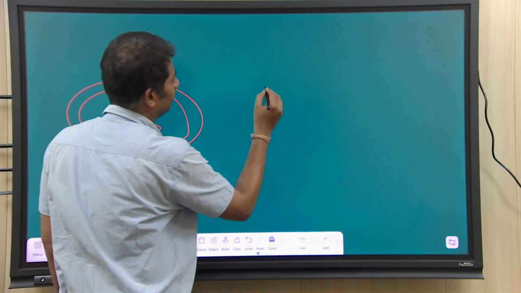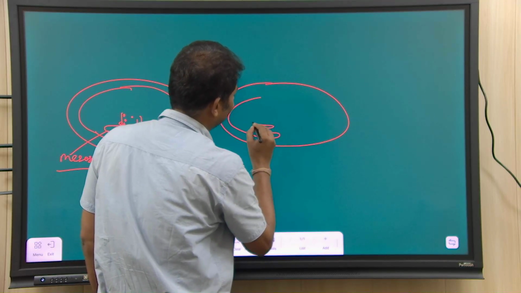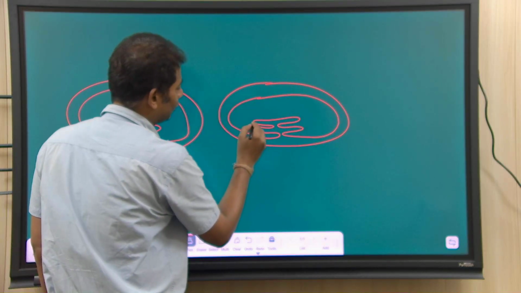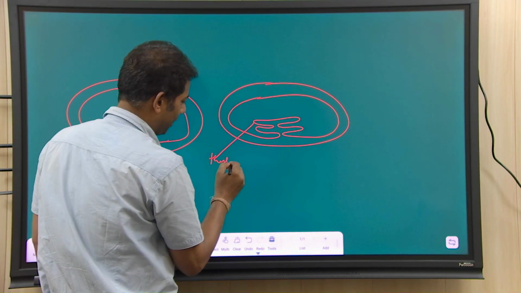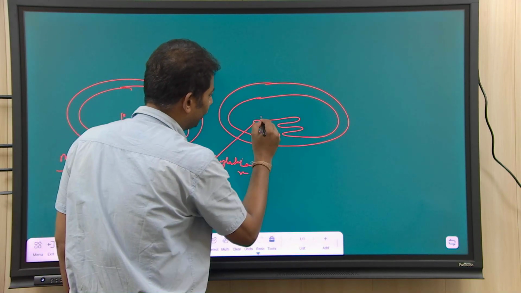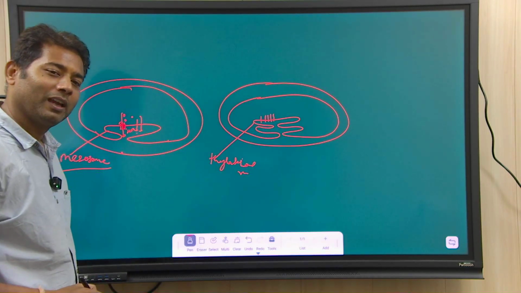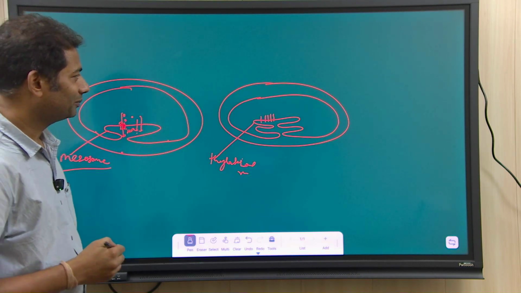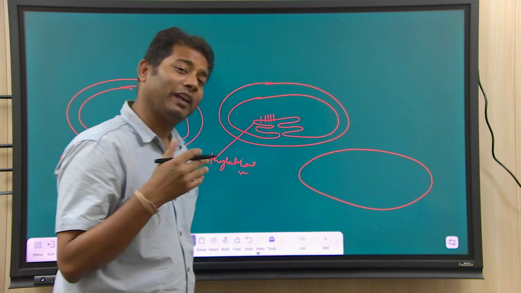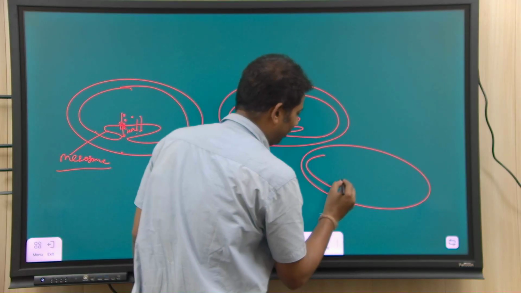In the case of plants, we observe a cell organelle, that is chloroplast. And what is the structure? It is the inner membrane, called the thylakoid membrane. A gradient is created across this inner membrane, and ATP is generated. We observe another cell organelle, also called the powerhouse of the cell, that is mitochondria.